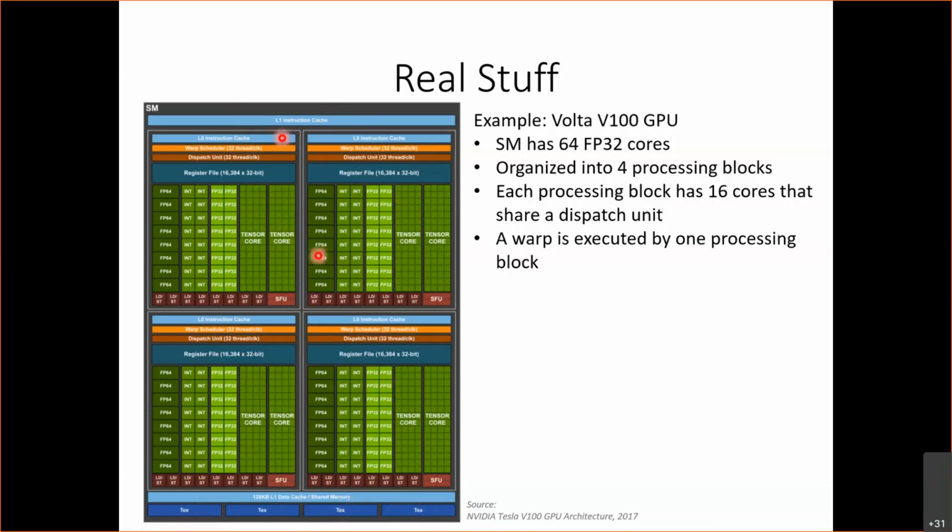Okay, and here you have this warp scheduler, and this warp scheduler is responsible for selecting, because as we were saying, we can have multiple warps running on the same processing block, the warp scheduler will be responsible for selecting which warp to execute at any point. Can they execute out of order, or are they dispatched in order?